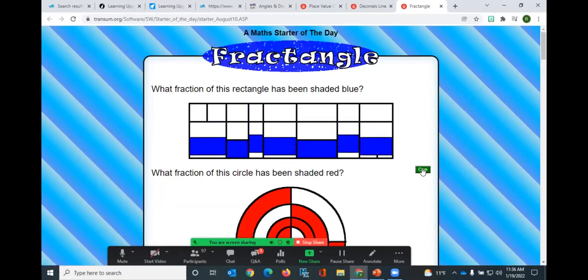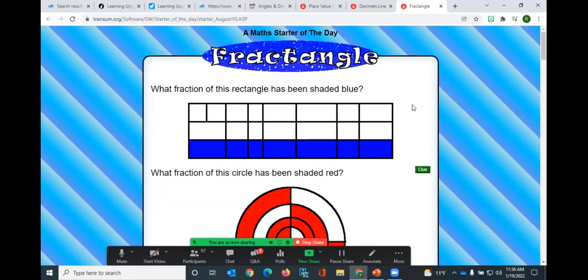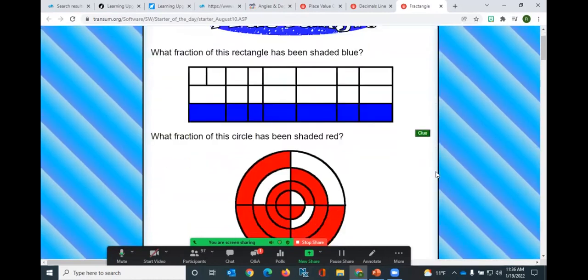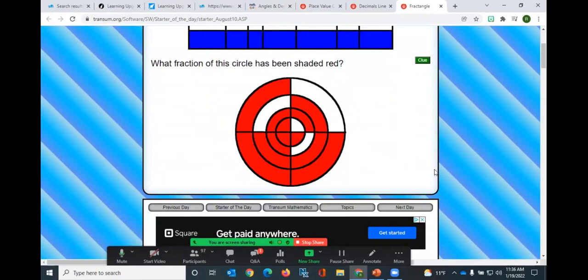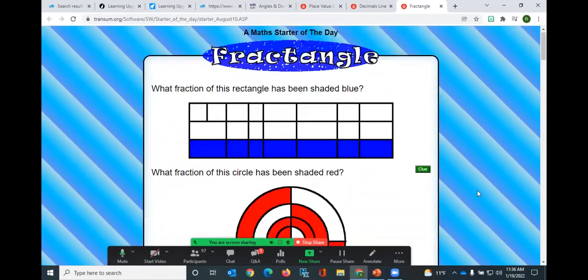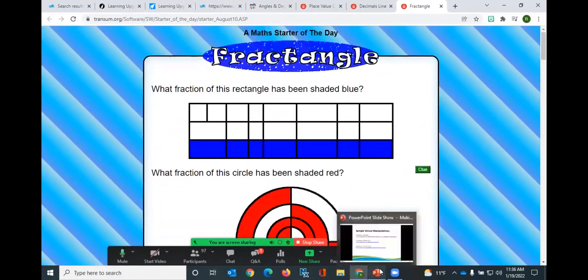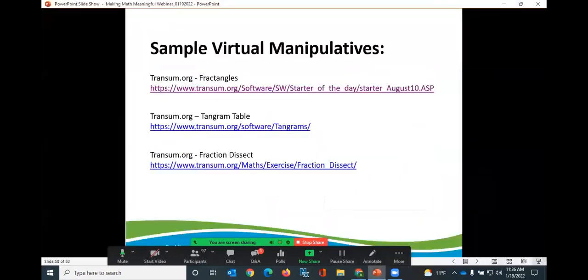It moves everything into place. And then you can instantly see, oh, there are 3 rows and one of those rows is blue. The red one down here does the same thing, but it was a lot of fun to bring some of these into the classroom virtually and face-to-face.